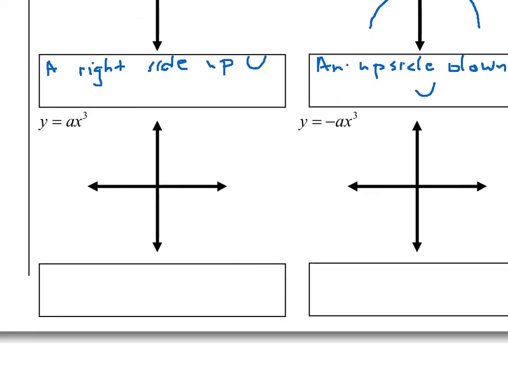Y equals ax cubed. So generally we see that those draw, here's a hint on drawing these. I always draw a half U on the one side, and then an upside down half U on the other side. So sometimes if you're not even good at drawing an upside down U, you can just flip your paper over.